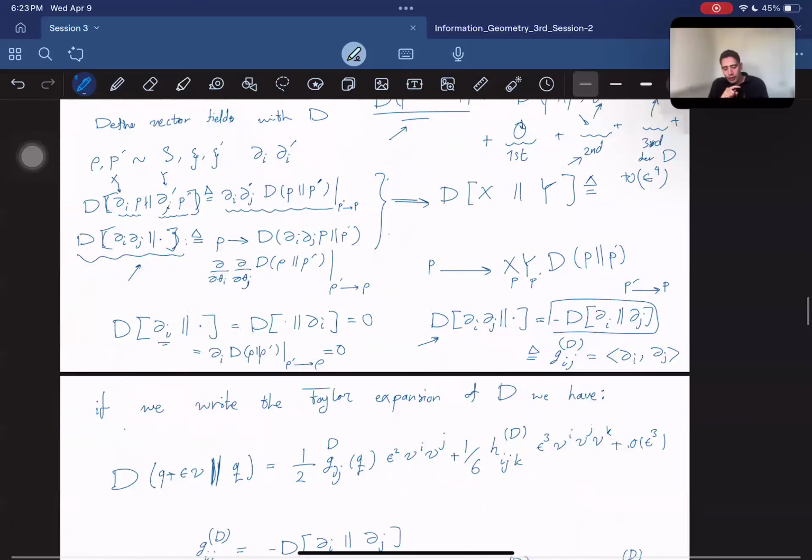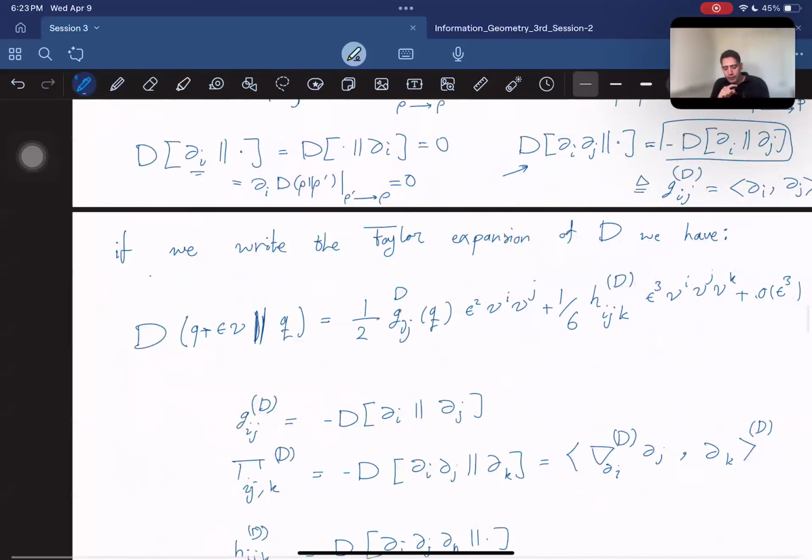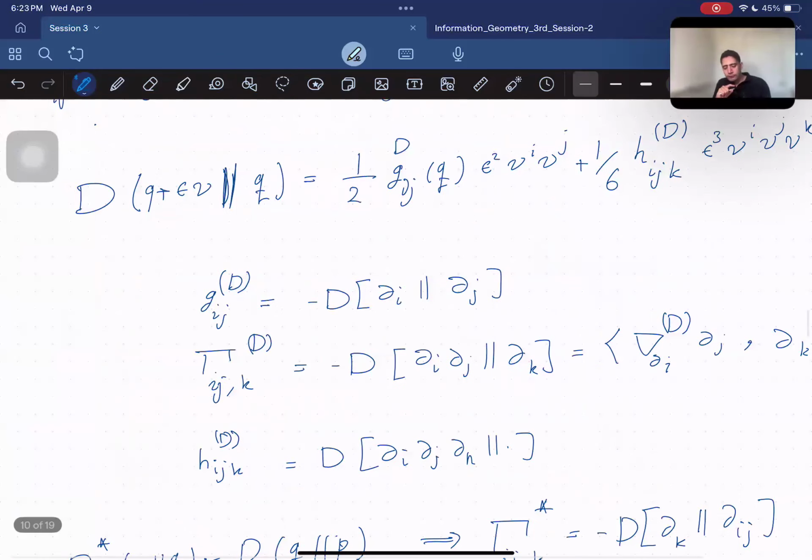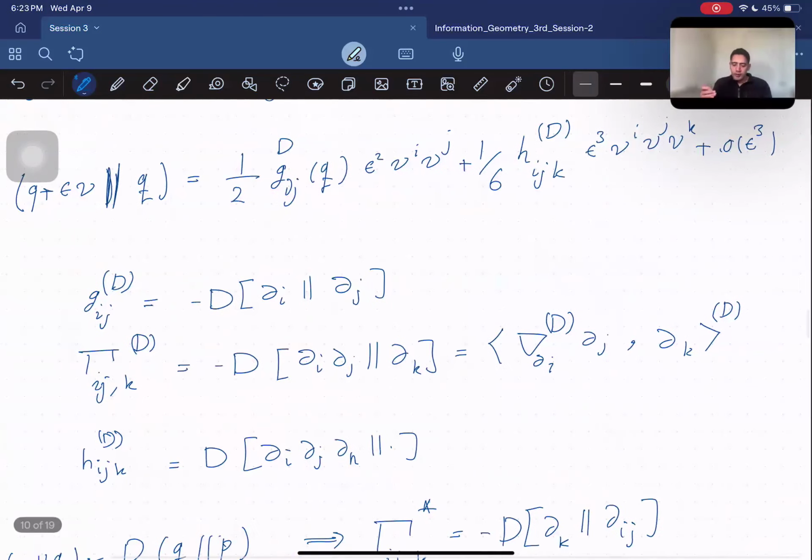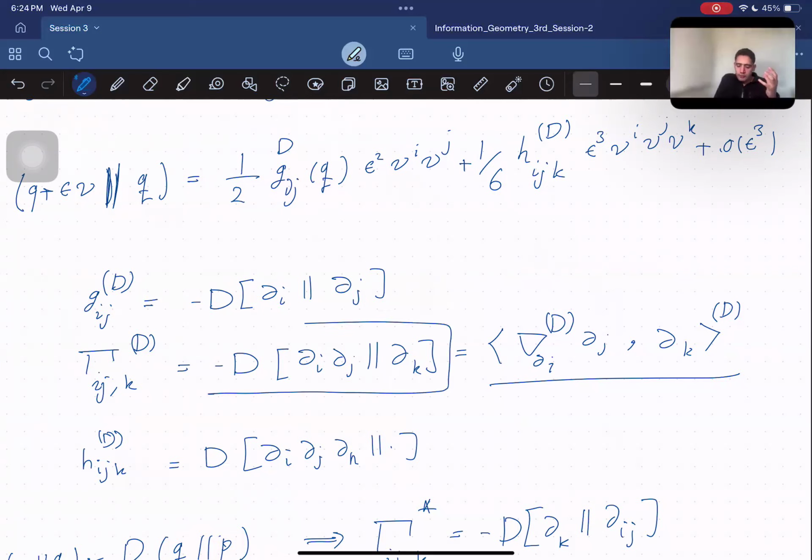Now, it looks very natural to define the connection in the same way. Why? Because connection, remember, in order for you to have the definition of connection, you only need n to the power of 3 numbers. So I need to find this. And in order to do that, I just define it to be this.